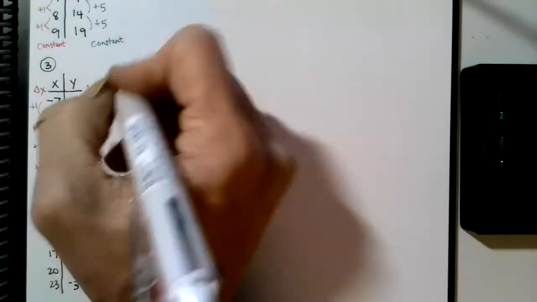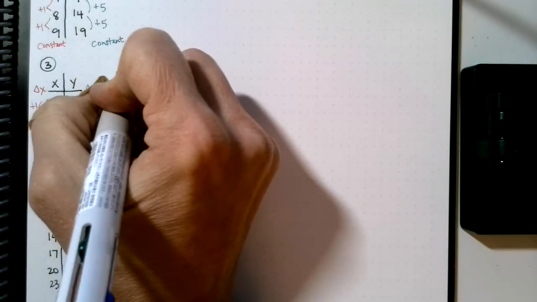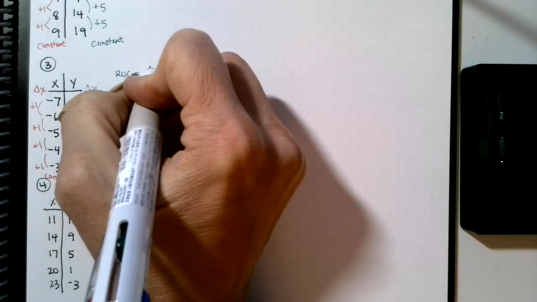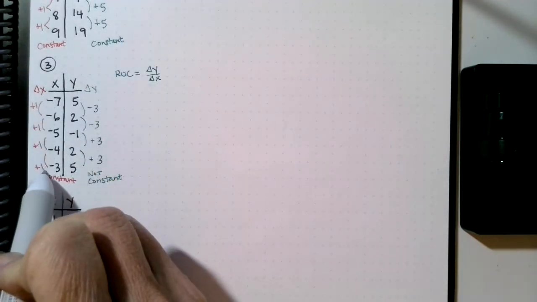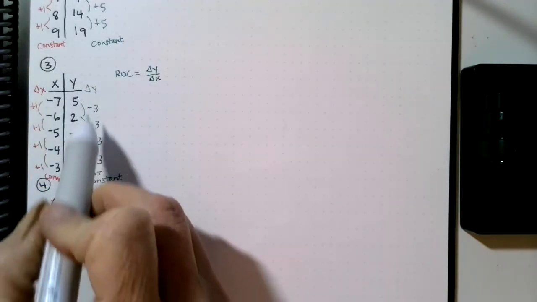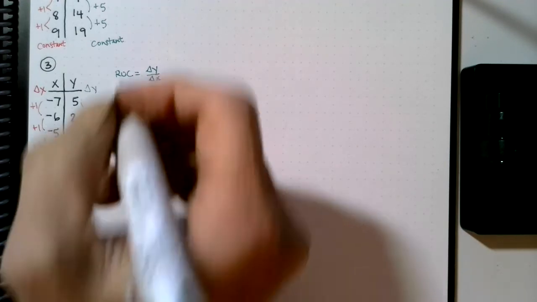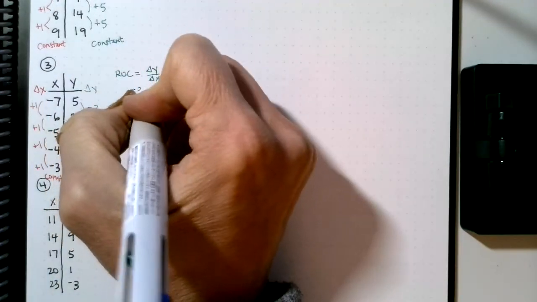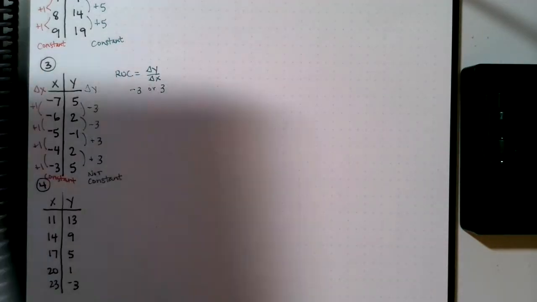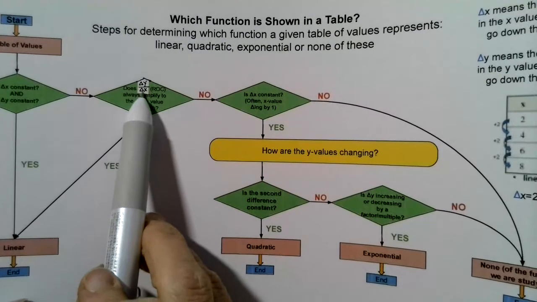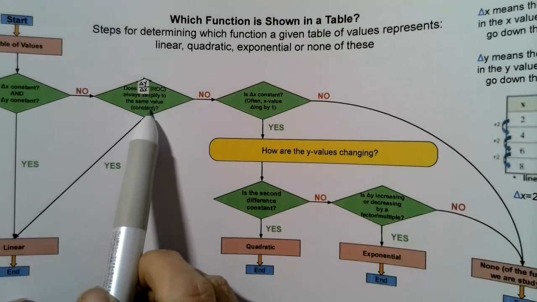So if I think of the rate of change as being the change in Y over the change in X, all of my X values are the same and my Y values have two different values. So my rate of change is either going to be -3 or 3, which is not the same. So my rate of change does not always simplify to the same constant.